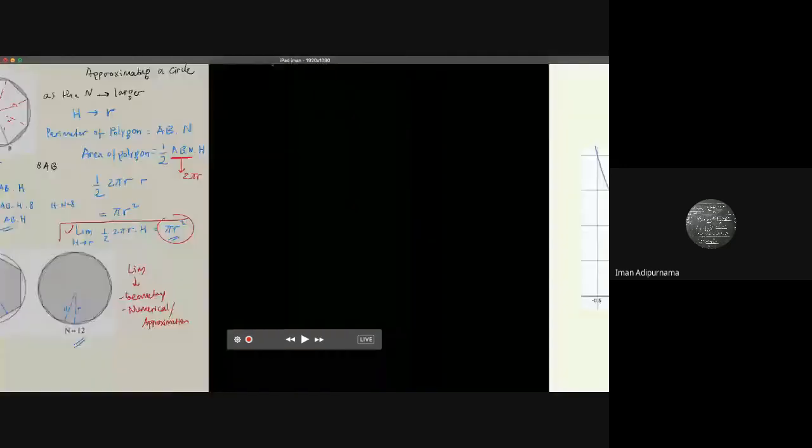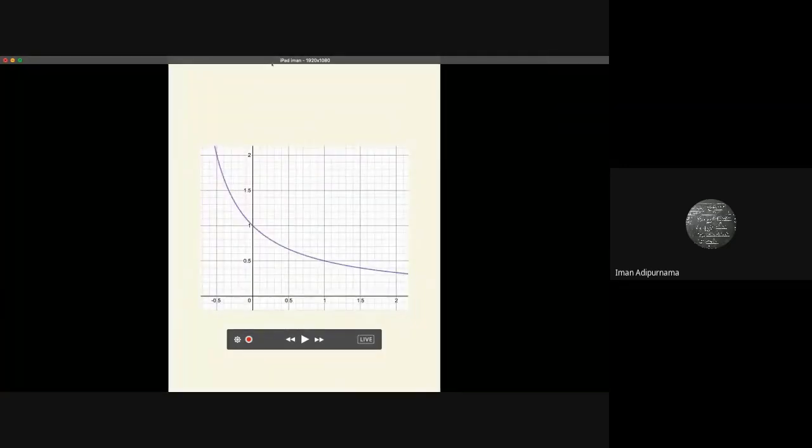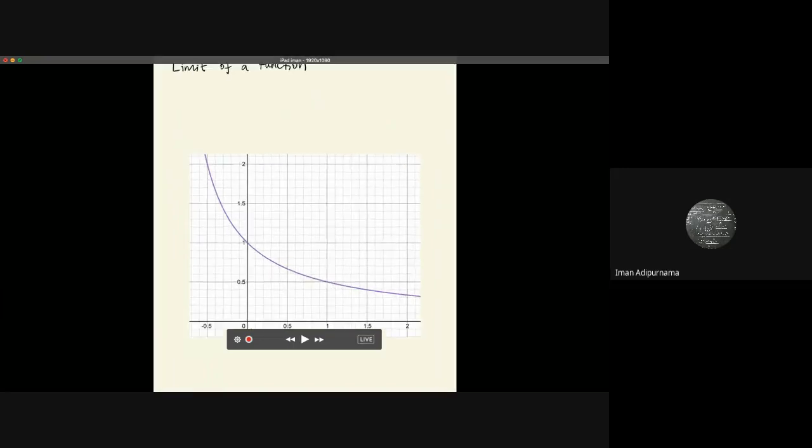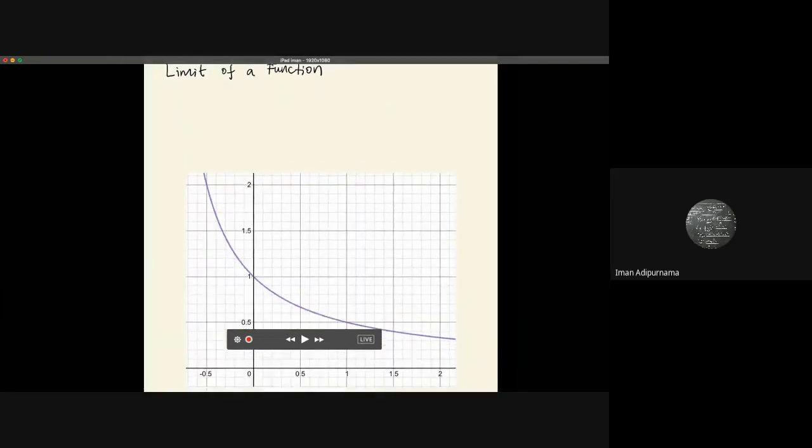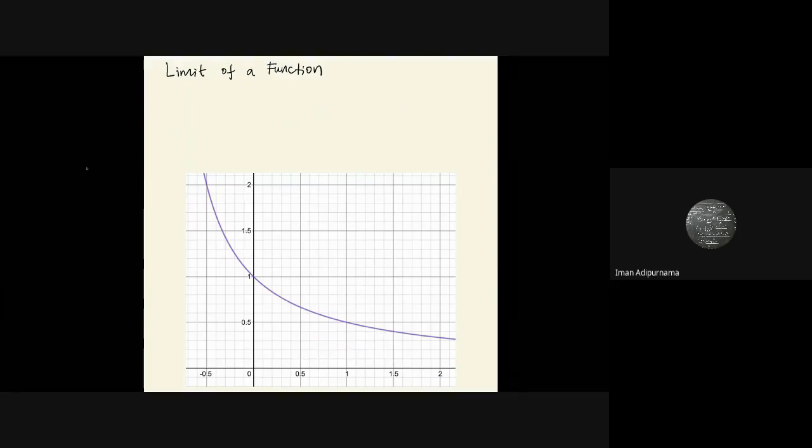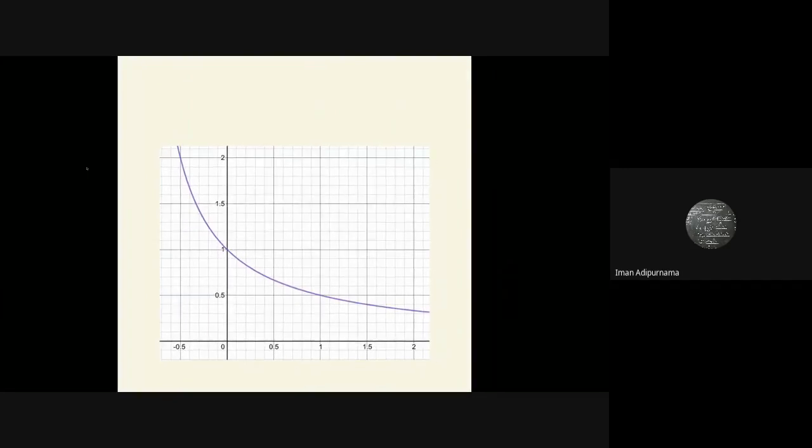So the first section that I want to discuss is the limit of a function. So here is the f(x).